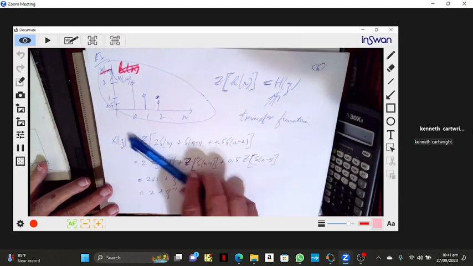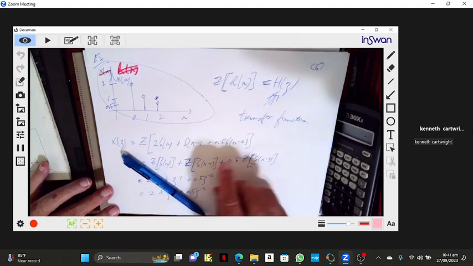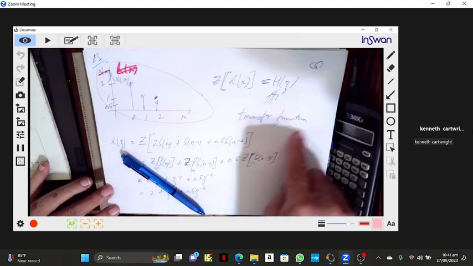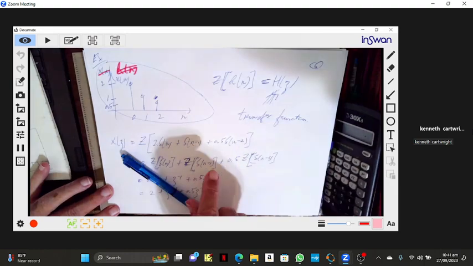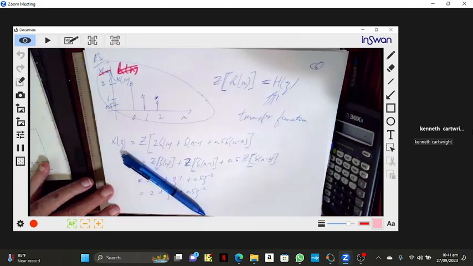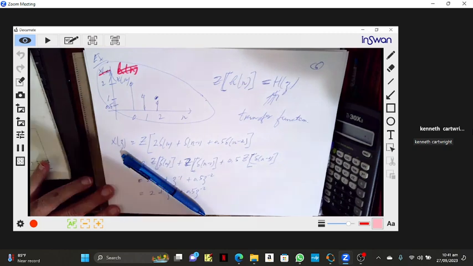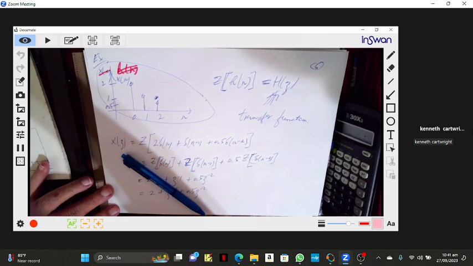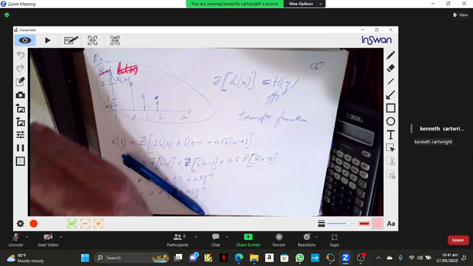All right. By the way, I'm not just putting this down here for my knowledge. This is a fact you must know. You must memorize. When you take the Z transform of the impulse response, you get the transfer function.